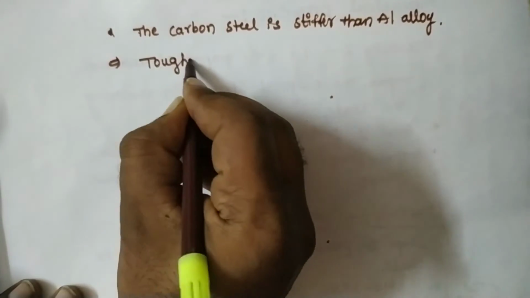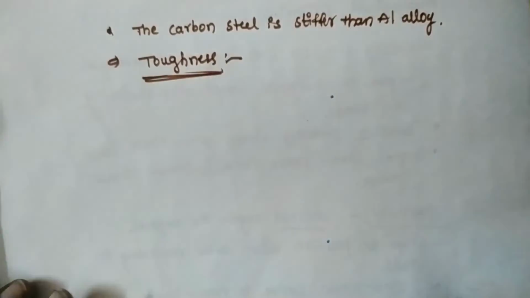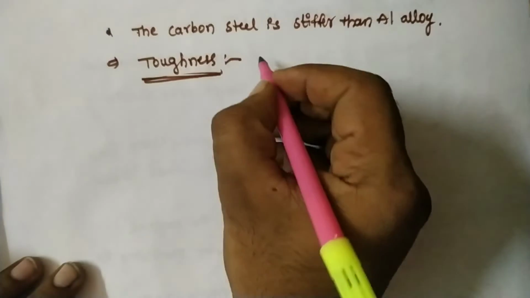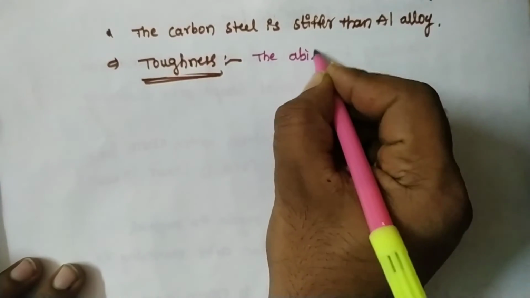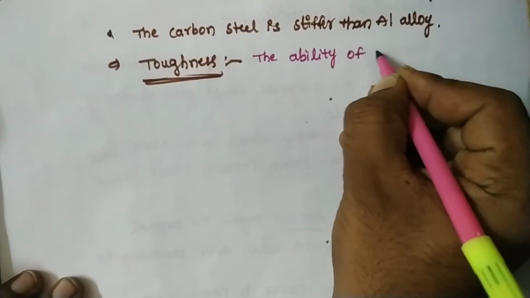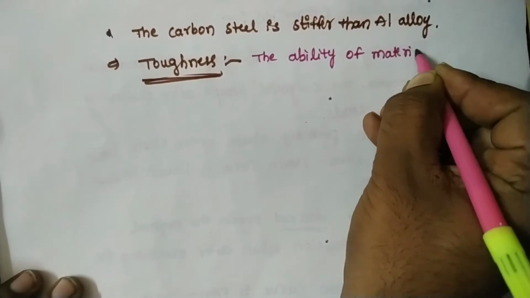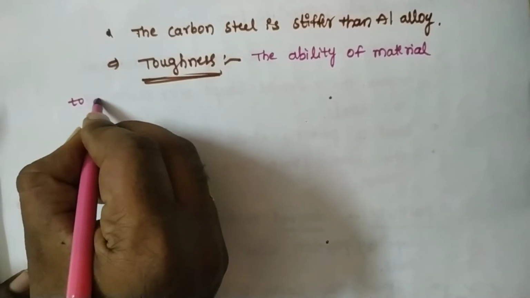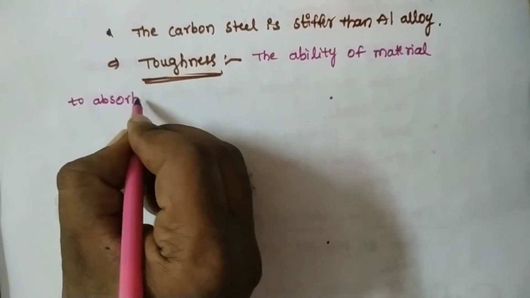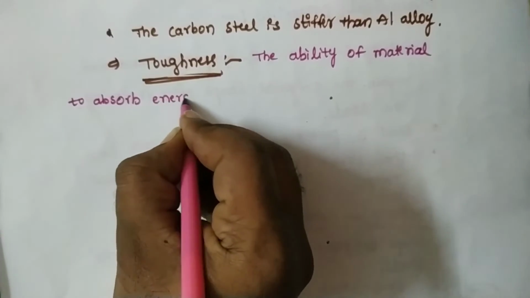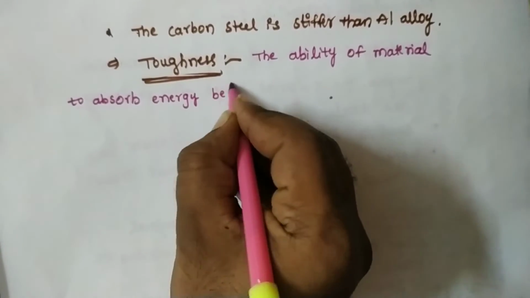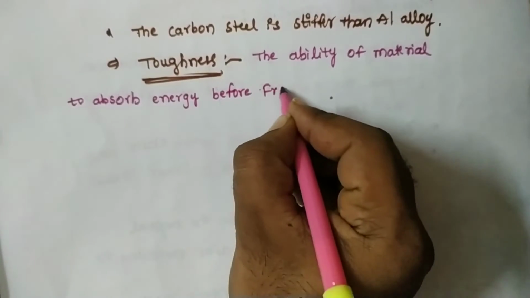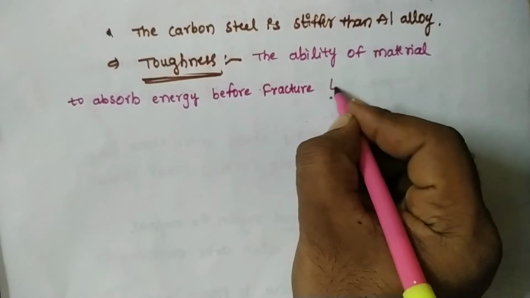The next property is toughness. What is the meaning of toughness? It means the ability of material to absorb energy before fracture takes place.